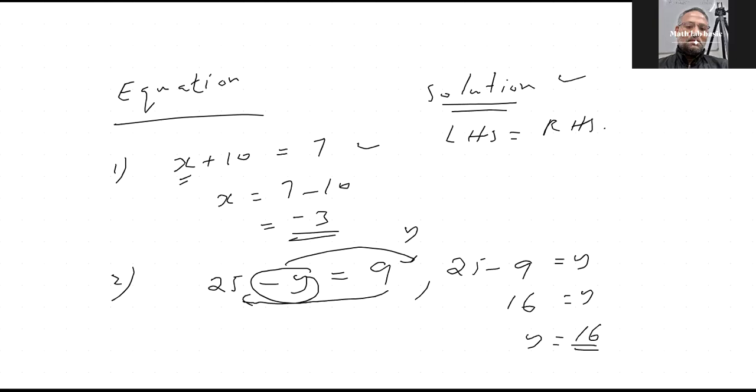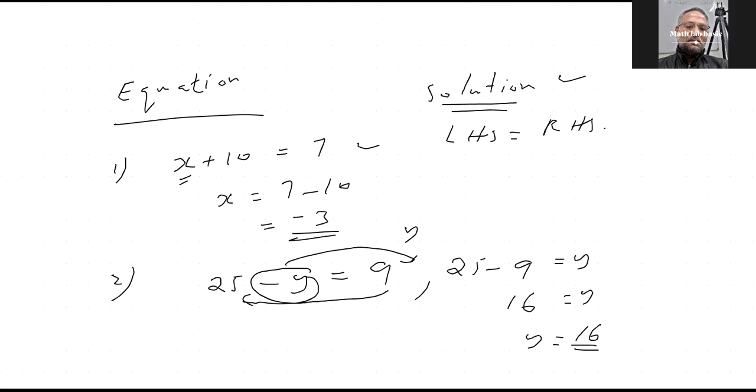So you understood the zero of the polynomial, but now I am talking about the solution of the equation. For that we did many questions before. You can check: 25 minus 16 is 9.